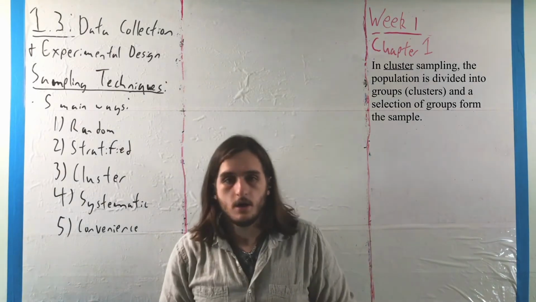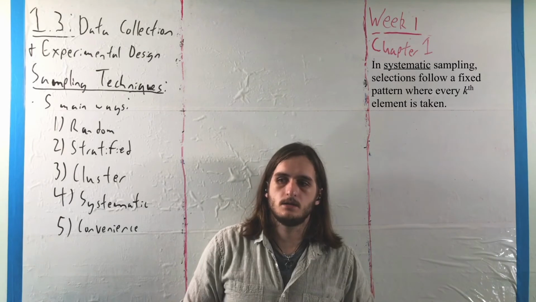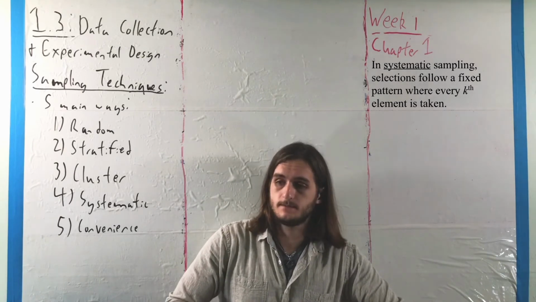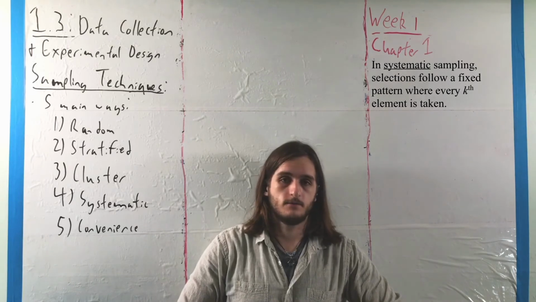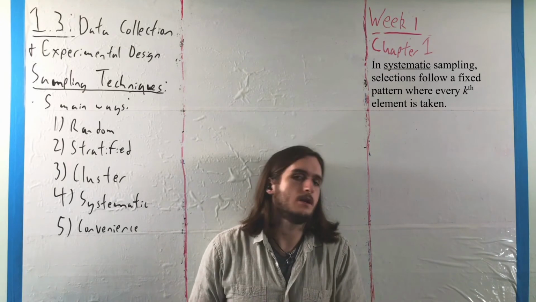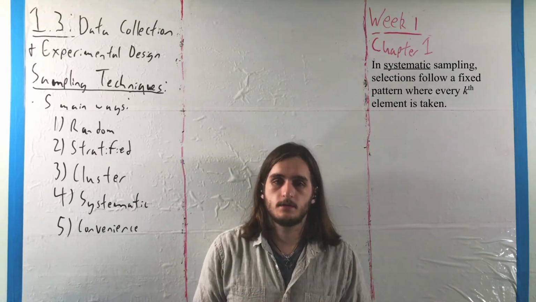And then next, we have systematic sampling, which is, in my opinion, the easiest one to identify. For this, what you do is make a selection based on a fixed repeated pattern, something like every 10th.